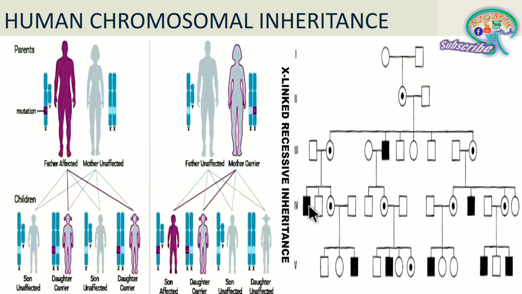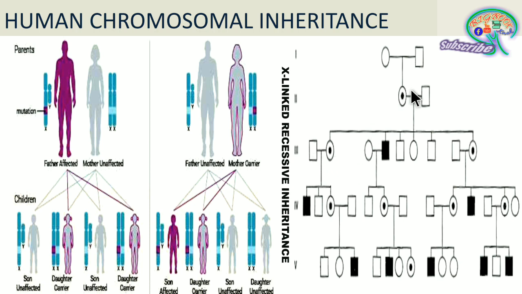In the fourth generation one male is expressing the genetic disorder and all the other daughters are carriers, and again in the fifth generation males are expressing the genetic disorder, whereas one daughter is the carrier. So here you can see that there can be a skip in the generation.